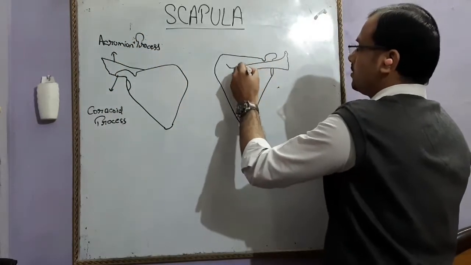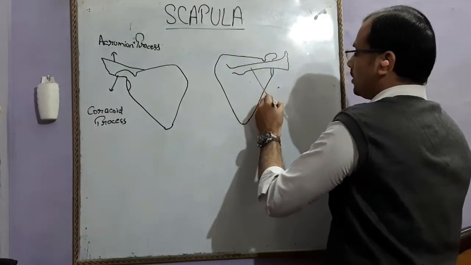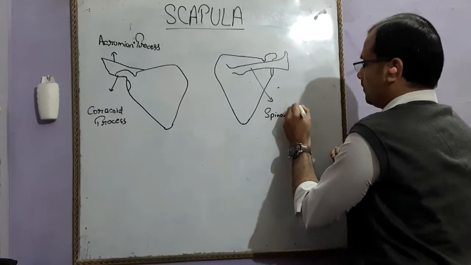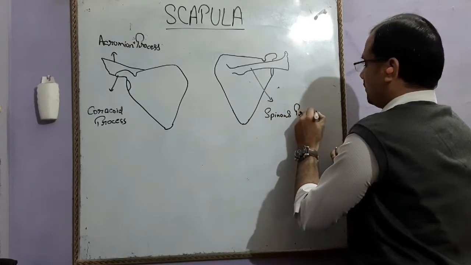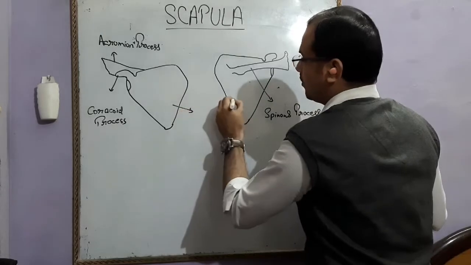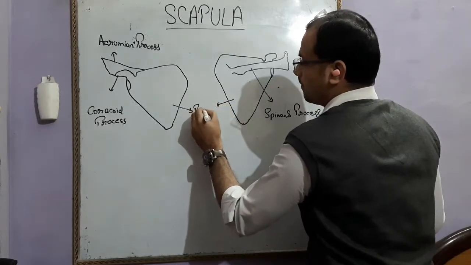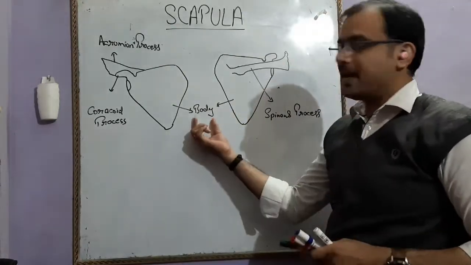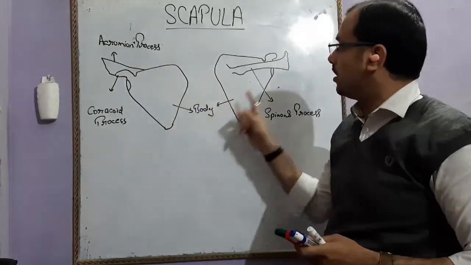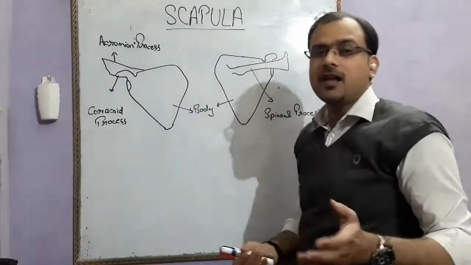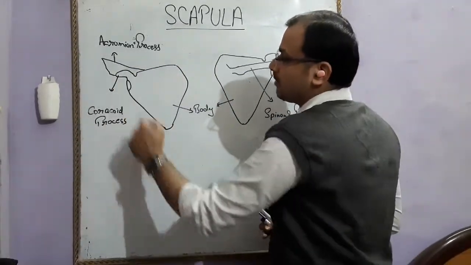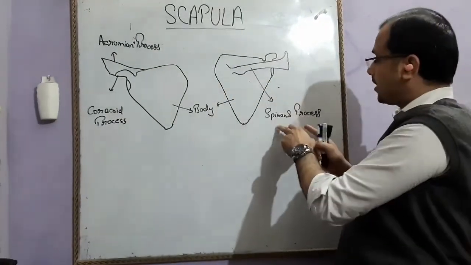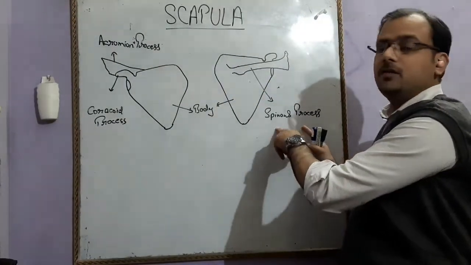And this one is the spinous process. And this is the triangular body. So the scapula has a single body which is triangular in shape and it has three processes: coracoid process, acromion process, and on the dorsal aspect, the spinous process.